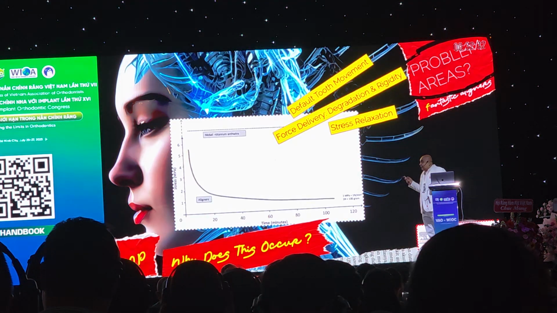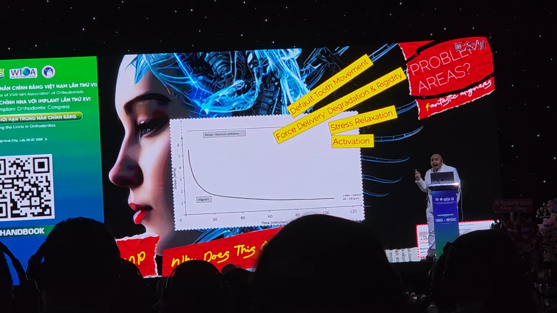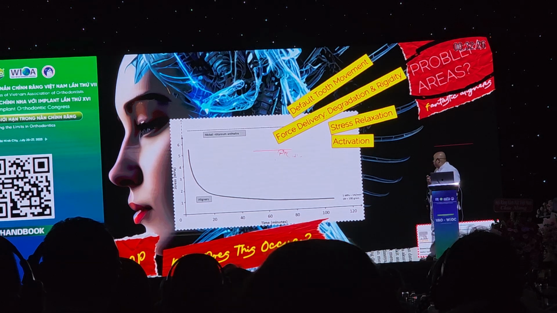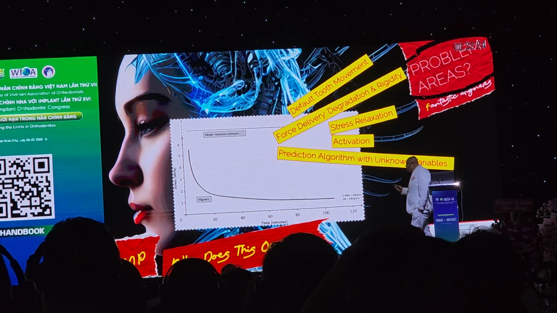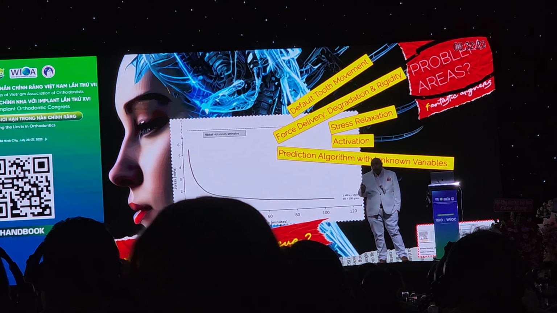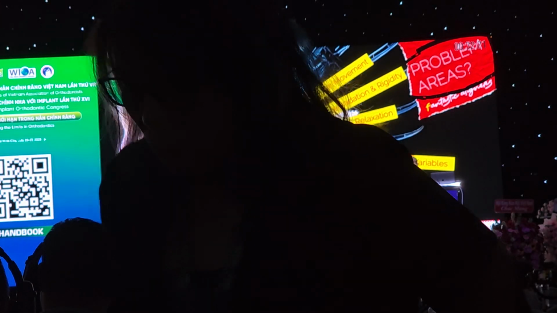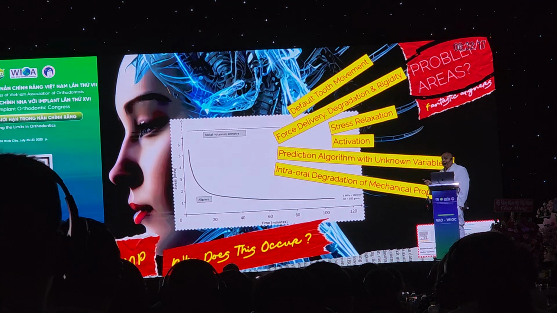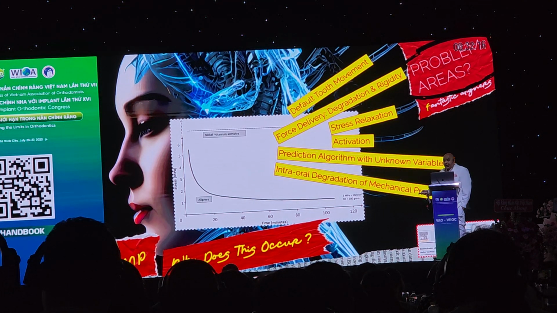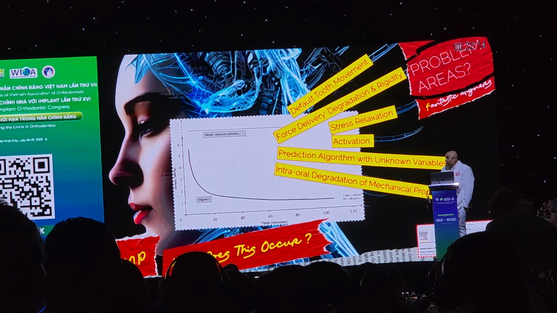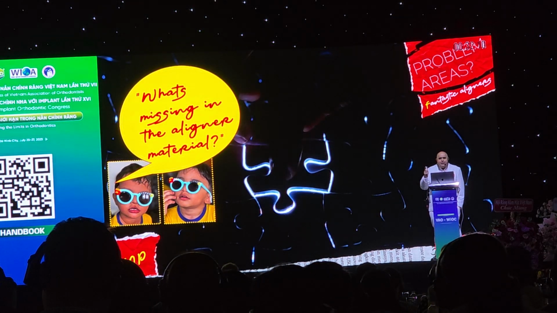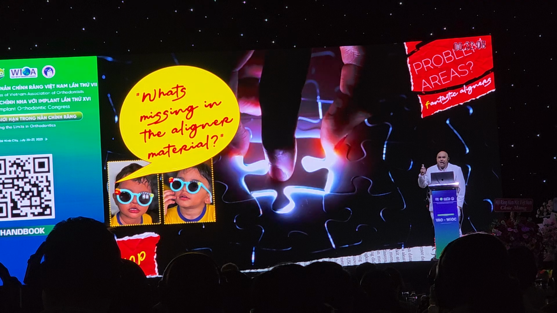In terms of stress relaxation or activation schedules, we still do not have protocols that are universal. Prediction algorithms have unknown variables, so it is an indeterminate force system of a different nature altogether, and intraoral degradation of mechanical properties always tends to occur. So what exactly is missing in the aligner material?